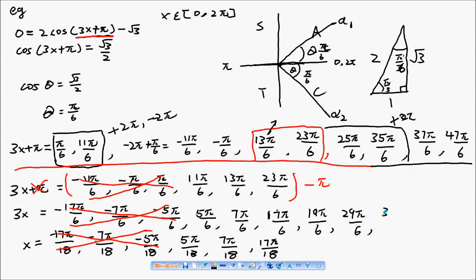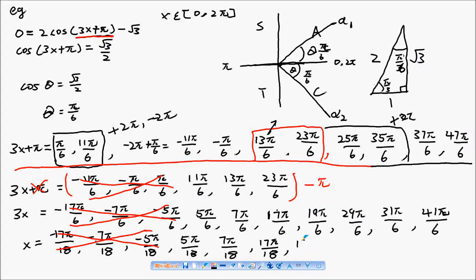Then we have 31 pi on 6, then we have 41 pi on 6. Now let's divide all those values by 3 starting from here.